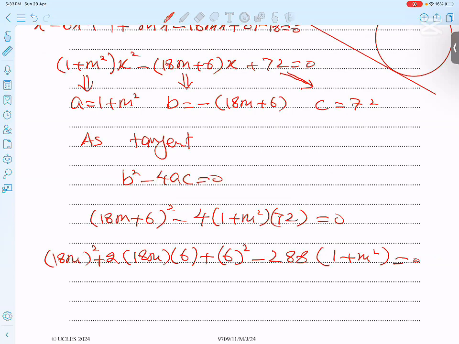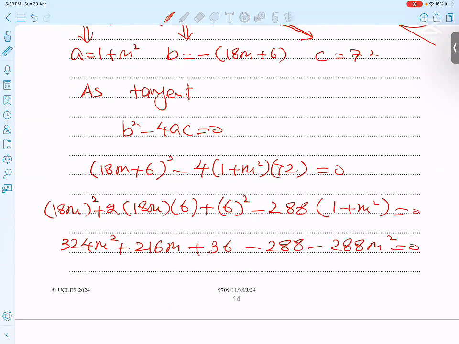Here, 18 to the power 2, I got 324 m squared. Here, 2 times 6 into 18, so 36 into 6, I got 216. And then negative 288 and negative 288 m squared.